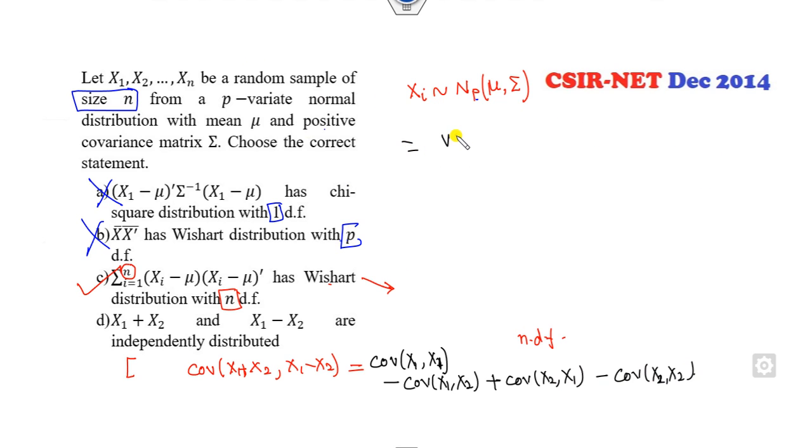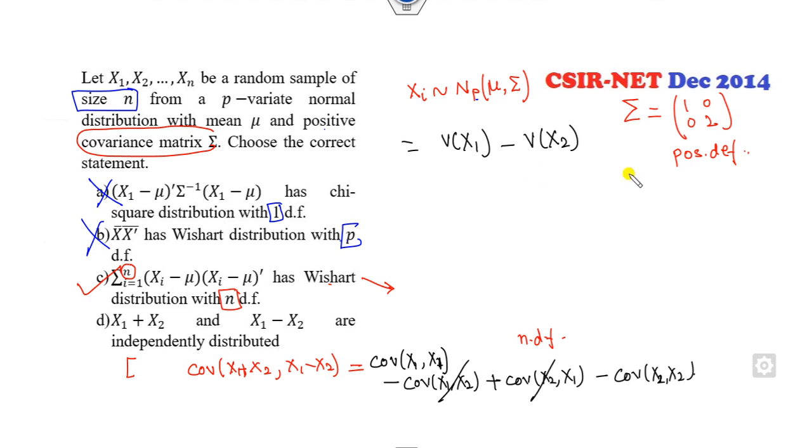This is variance of x1, this will be cancelled out, minus variance of x2. Since it is a covariance matrix, you can choose any value, say 1, 2, 0 and 0. This is my positive definite matrix. So 1 minus 2, which is non-zero. And for independence, as I told you earlier, if covariance is non-zero, what does this mean? They are dependent. So this option is cancelled.